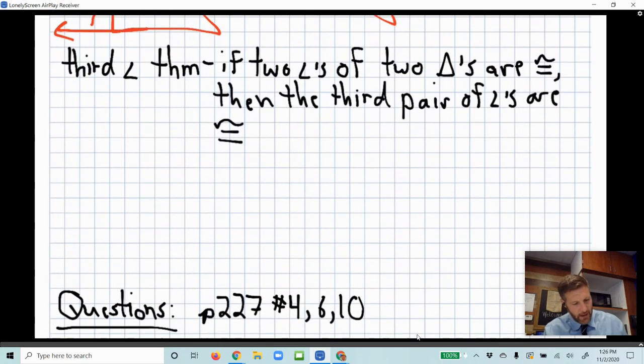And finally, we have the third angle theorem. And again, this is just a pretty basic idea. It says that if two angles of two triangles are congruent, then the third pair of angles are congruent.